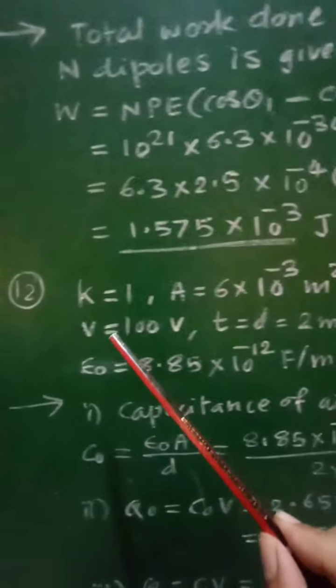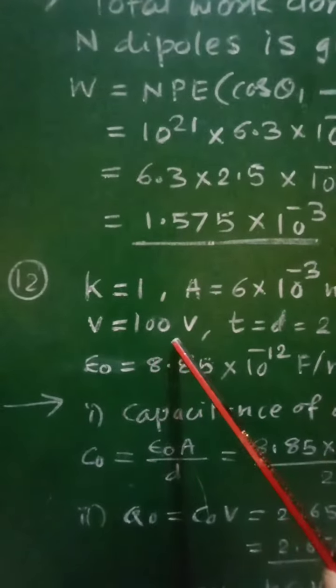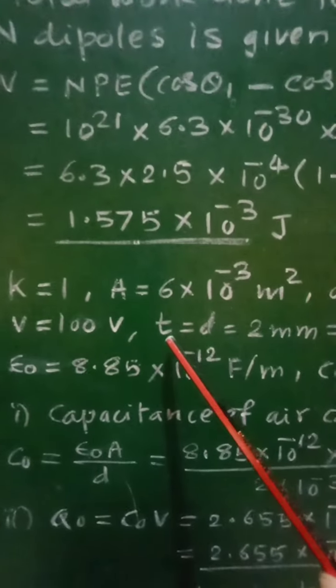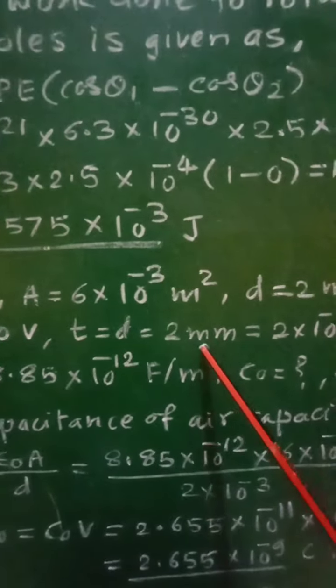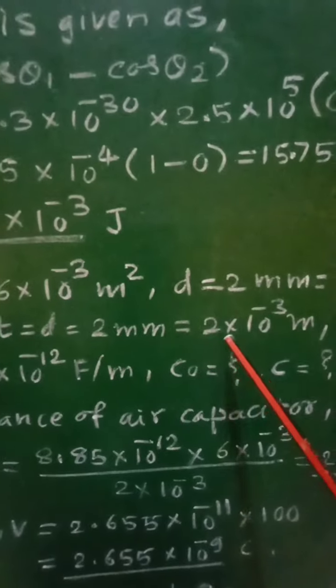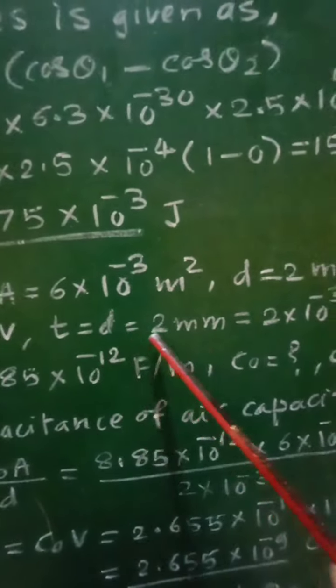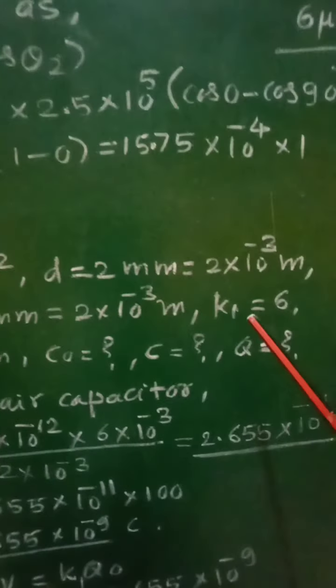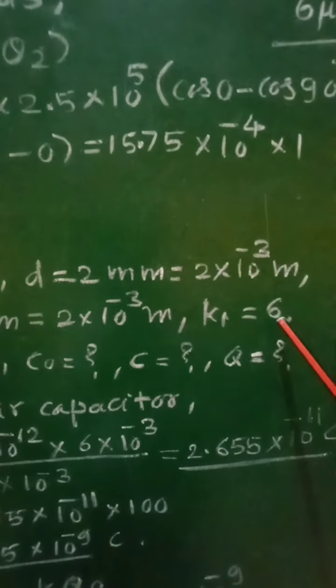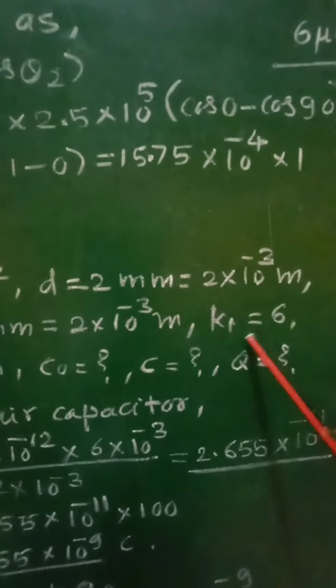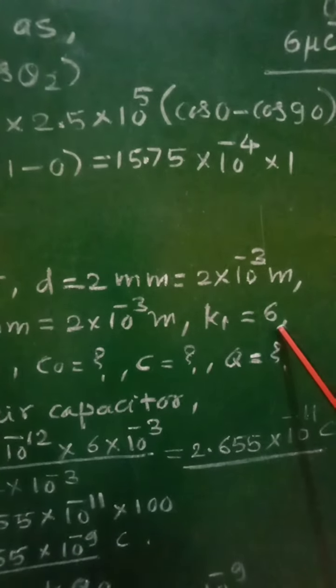Then supply voltage phi is equal to 100 volt. Then thickness T is equal to D, which will be equal to 2 millimeter, that is equal to 2 into 10 raised to minus 3 meter. So this is the thickness of the mica sheet. Then for mica, K1 dielectric constant is equal to 6.